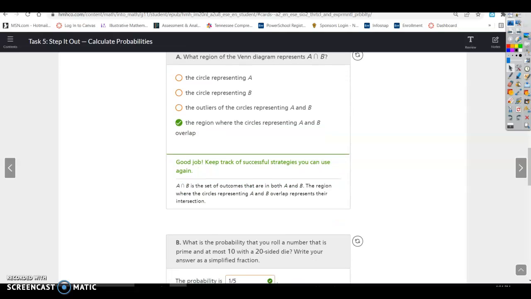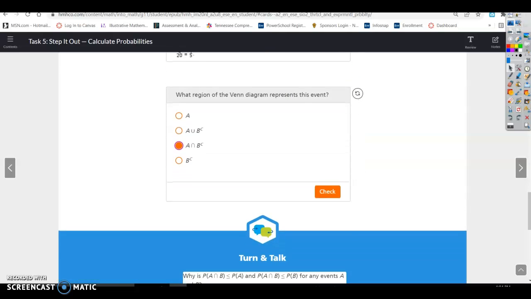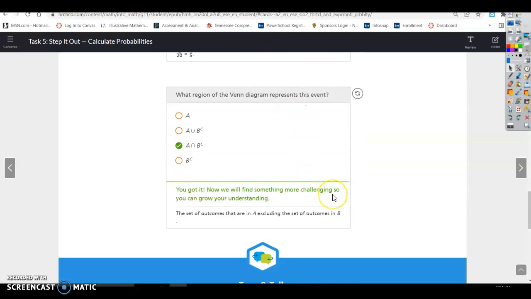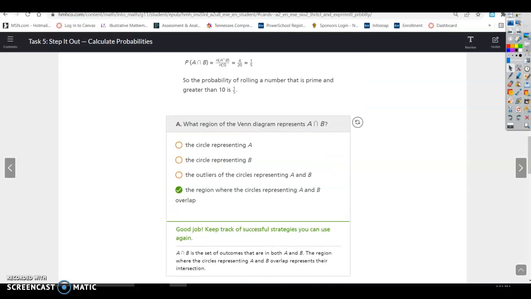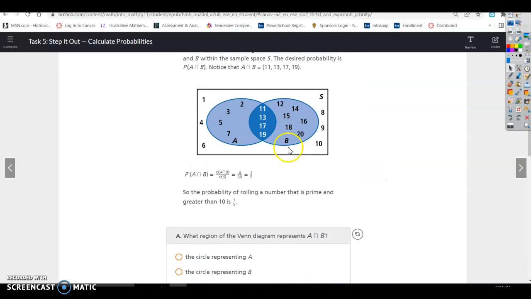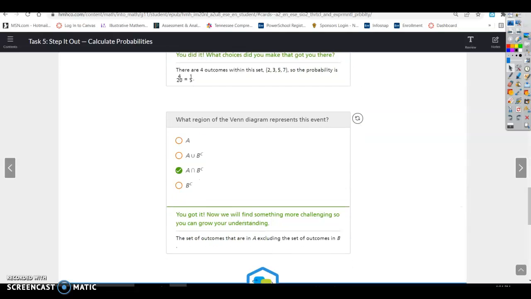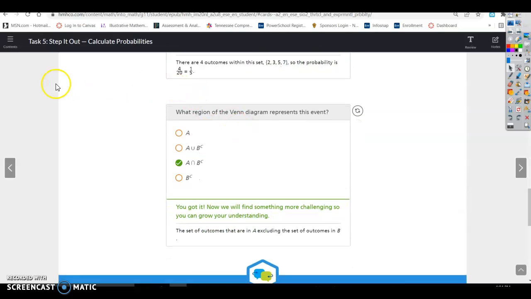And the prime numbers are only in the one side. So the set of outcomes that are in A excluding the set of outcomes in B. All right, so the intersection kind of excludes this overlap area here. All right, so that is all for task 5. If you have any questions, let me know.